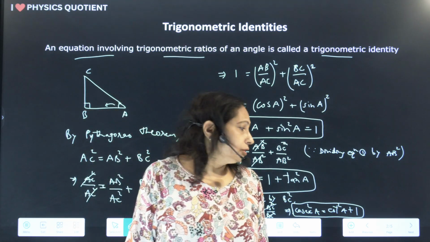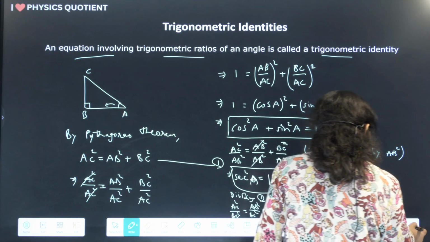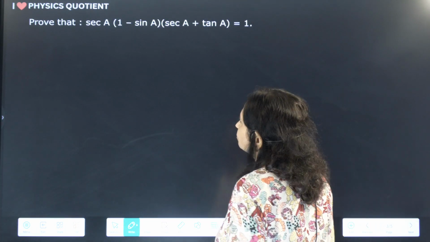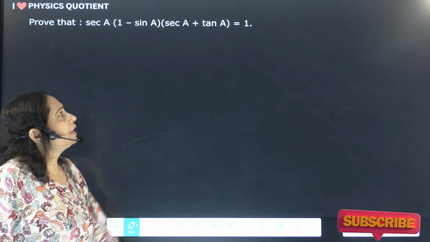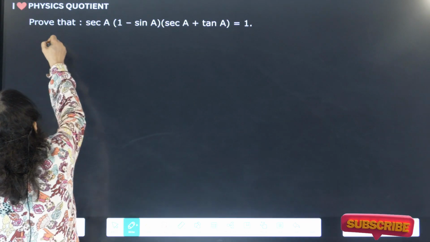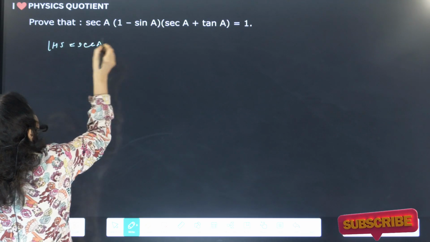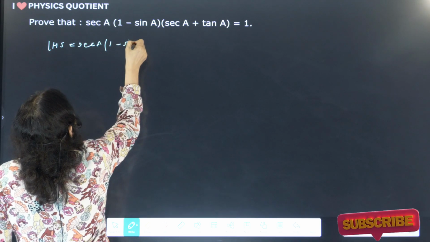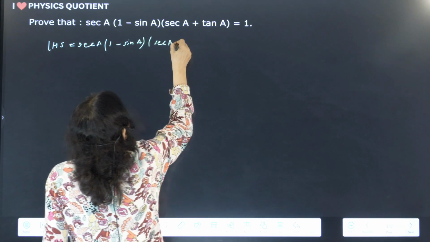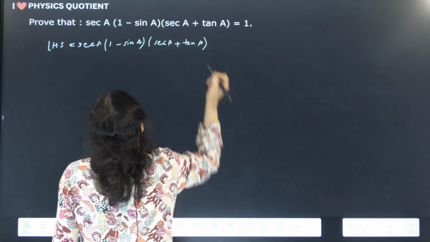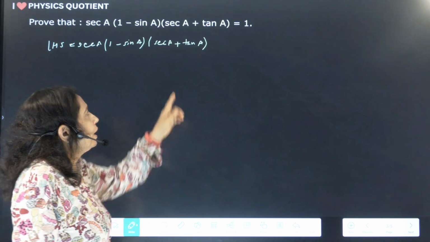So we will solve some examples using these identities to clarify. Prove that (sec A minus tan A) into (1 minus sin A) into (sec A plus tan A) equal to 1. So here LHS equal to sec A into 1 minus sin A into sec A plus tan A. In such cases, we have to reduce the equation to get 1.